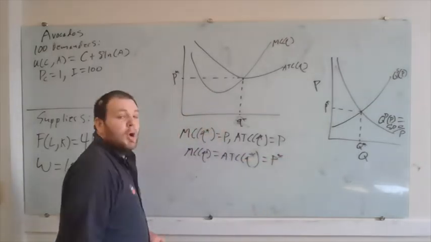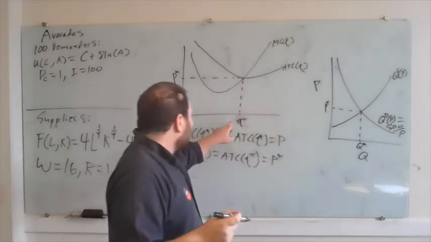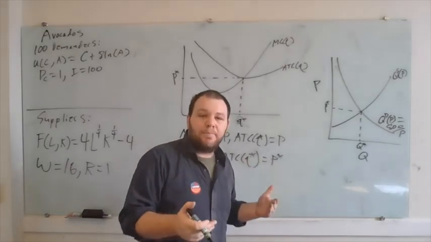One thing I want to note here: I'm using a lowercase q rather than an uppercase Q because this is the output of a specific individual firm.